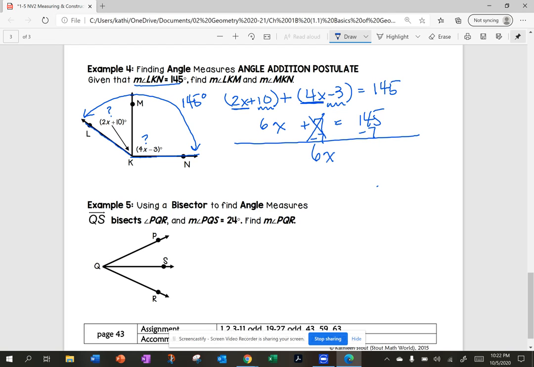And I get 6x equals 138. Divide both sides by 6, and I get x equals 23. Now that I have what x is, I'm going to substitute 23 in for x. So I have 2 times 23 plus 10 is 56.